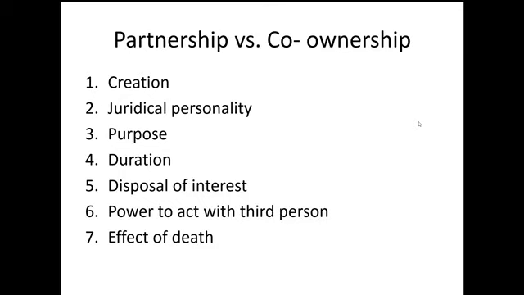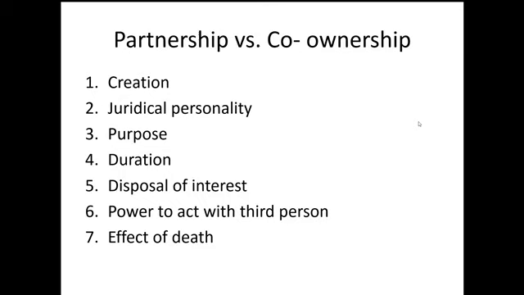Second distinction, as to juridical personality, ang partnership, meron siyang juridical personality separate and distinct from the partners composing it. Now, ang co-ownership, wala siyang separate juridical personality. Kaya halimbawa, ABC, they form ABC partnership.